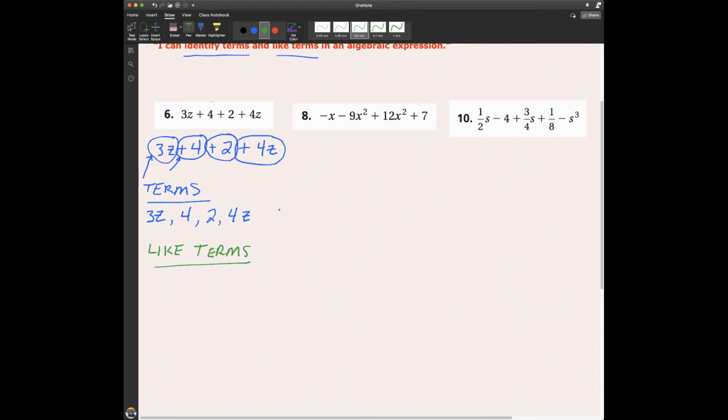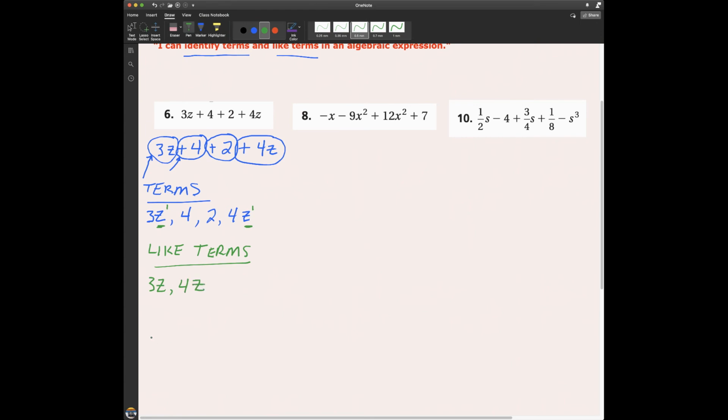I'm looking for terms that have the same variables raised to the same exponents. Here I see 3z and 4z, and they are raised to the first power, which we don't have to write, but I could if I wanted to. So these are like terms, 3z and 4z. There's a pair of like terms.